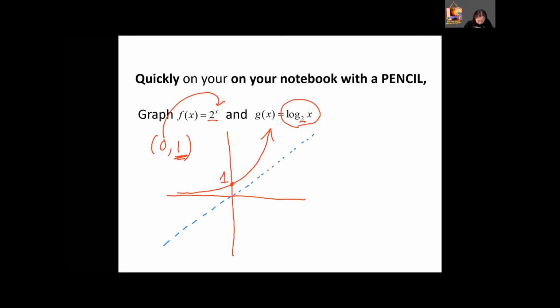I will make the reflection of the original line over the line, and it goes like this. They are exactly mirror images. Then I'm asking this: if this was 0, 1, what is the corresponding coordinate here? 1, 0.